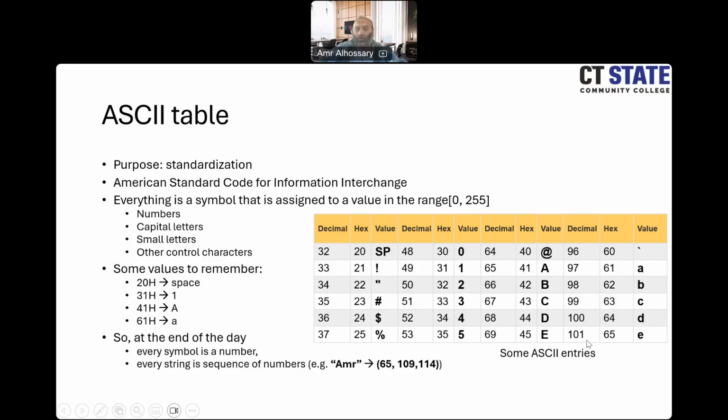So if this is 101, go down to 109, you will find m, 114 you will find r. So again, bottom line is that everything is a symbol, and the strings are sequences of symbols, which means sequences of numbers. Sequence of numbers. Remember this.